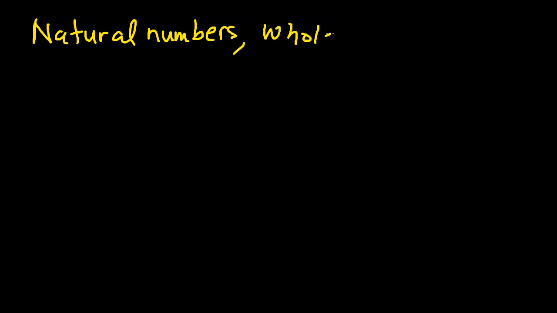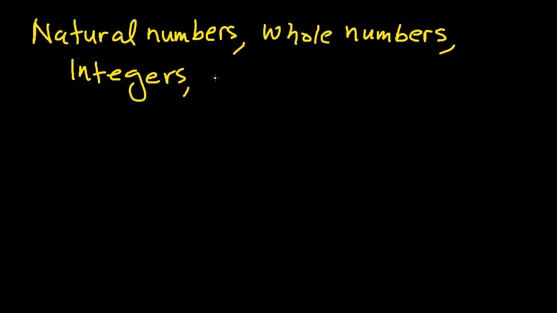So today we're going to talk about the difference between some types of numbers in math. So you might have seen these terms: natural numbers, whole numbers, integers, and rational numbers.